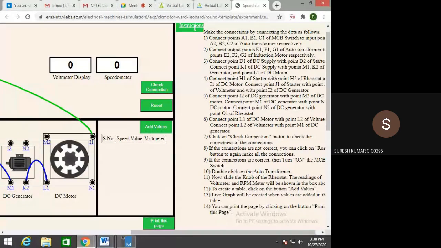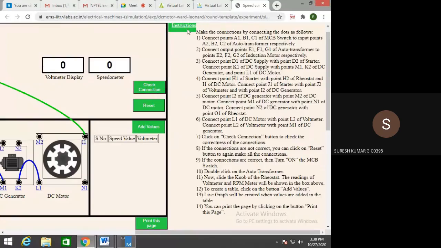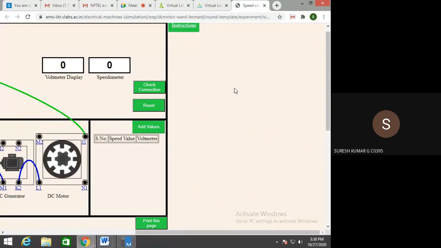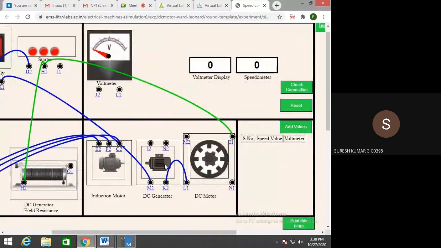Connect J1 of the starter to J2 of the voltmeter.